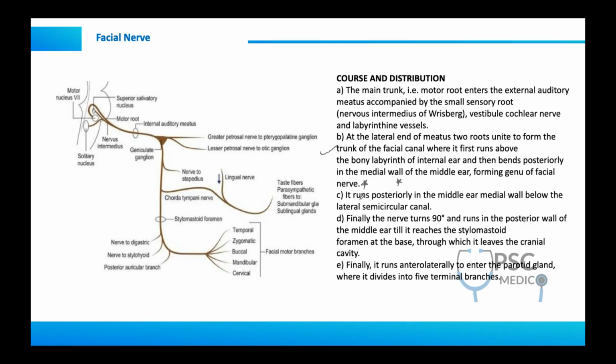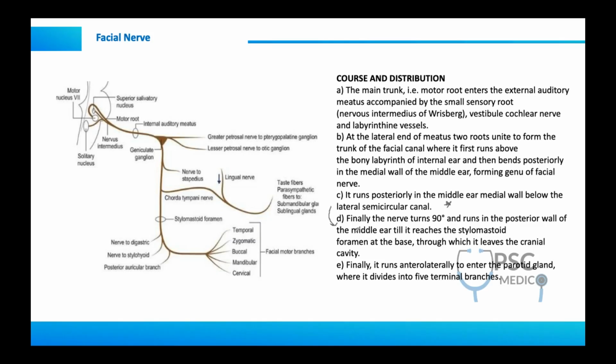From the genu it runs posteriorly in the medial wall of the middle ear below the lateral semicircular canal, and finally the nerve turns 90 degrees and runs in the posterior wall of the middle ear till it reaches the stylomastoid foramen at the base, and from here it leaves the cranial cavity.